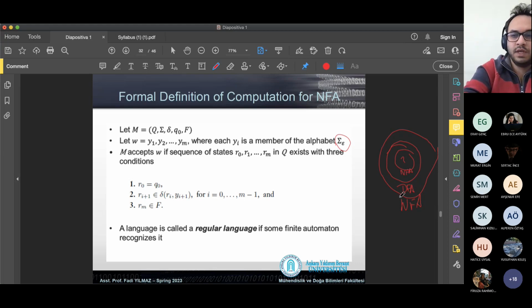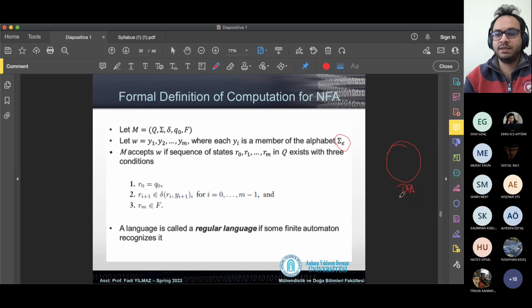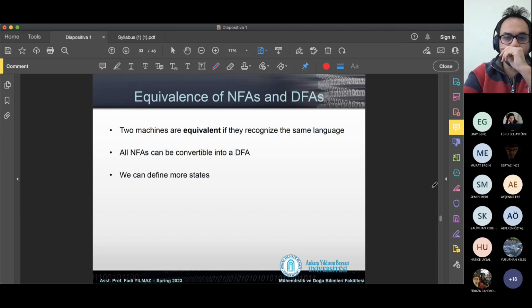Which one is true? And the answer is none of them is true, because DFA and NFA are equivalent. Okay, guys. DFA and NFA are equivalent in terms of computational power. Two machines are equivalent if they recognize the same language. And all NFAs can be converted into a DFA.